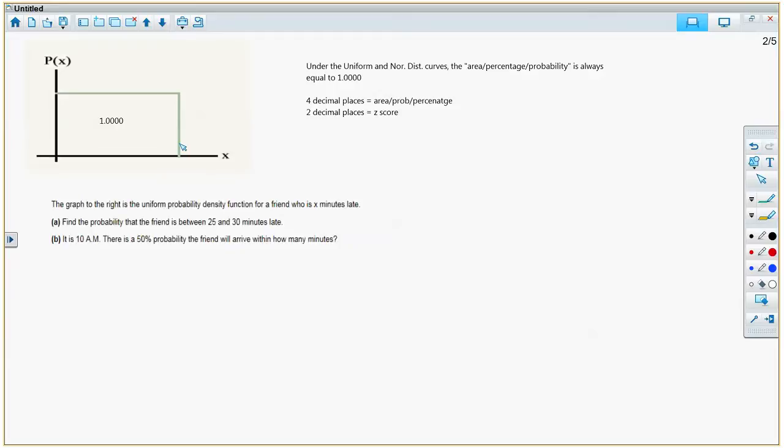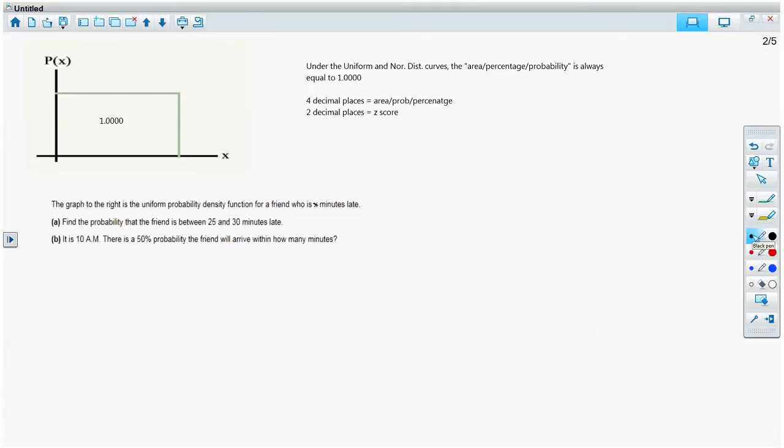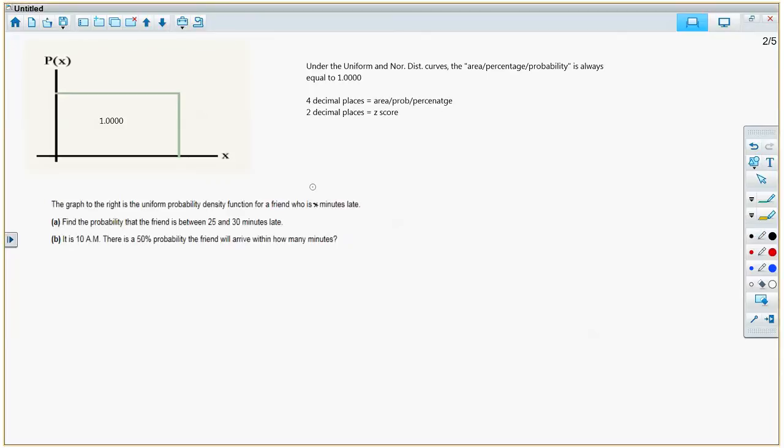The graph to the right is the probability, this graph right here, uniform probability, for a friend who is X minutes late. Well, I'm going to put a line through here, and I'm going to take X out, and say usually 0 to 30 minutes late.